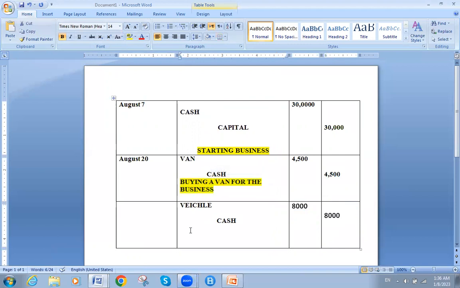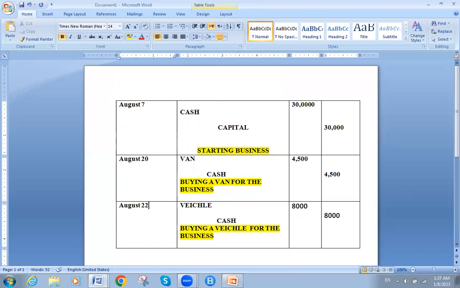Control and C, and here it will be buying a vehicle, for the business, to run the business. And that was on August 22. So we'll take it here, August 22. And that was the third transaction today, which we worked on.